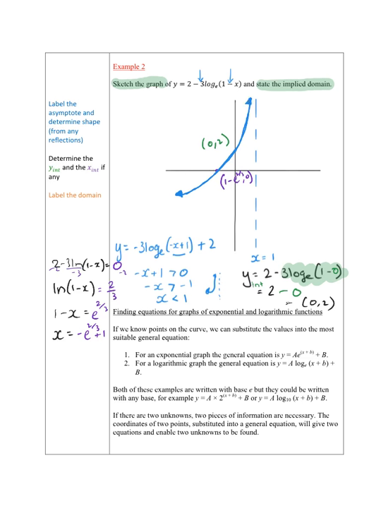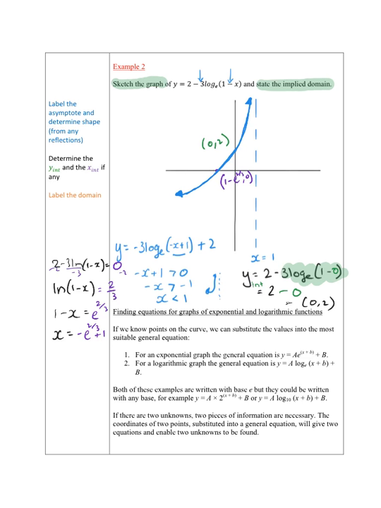Last step is to put things in context, label anything that the question asked us to. In this case we need to state the implied domain. We can see here that x is to the left of 1. We can see that because this is where our asymptote is.